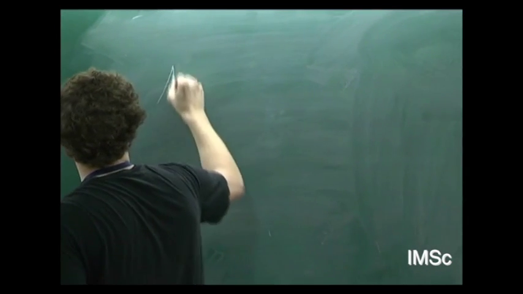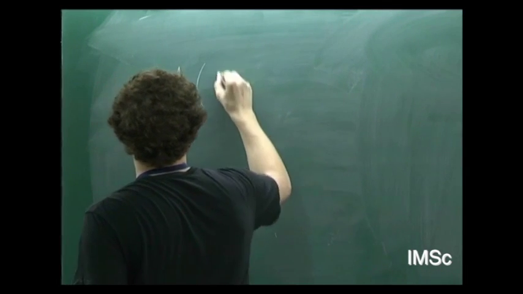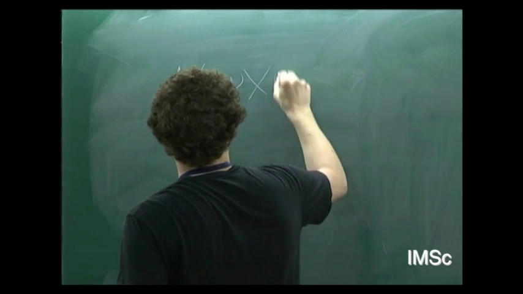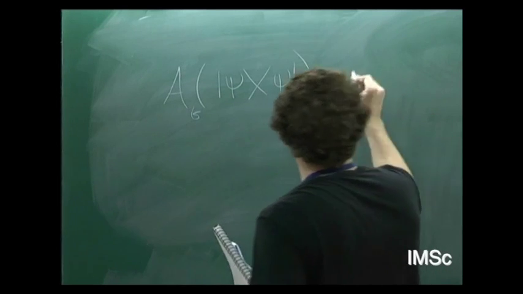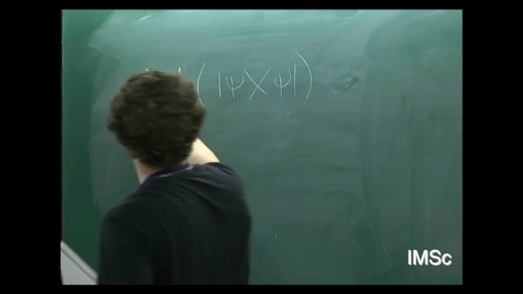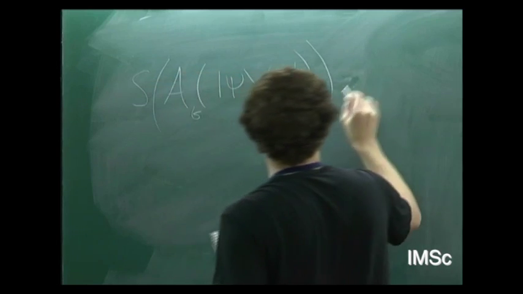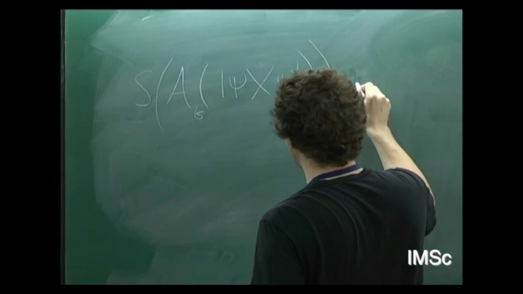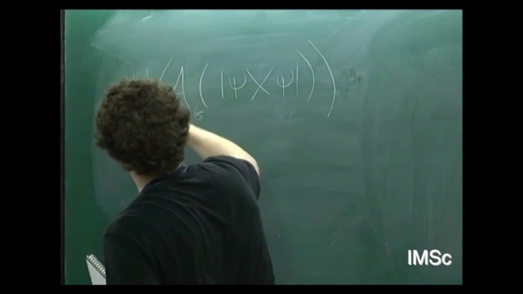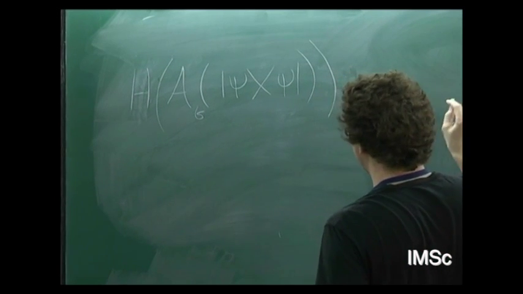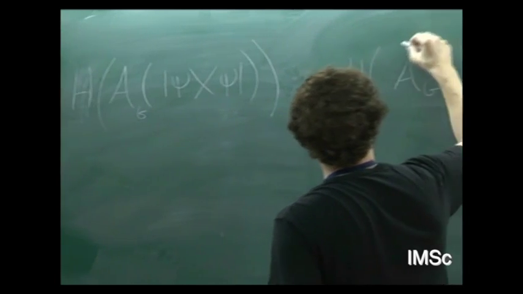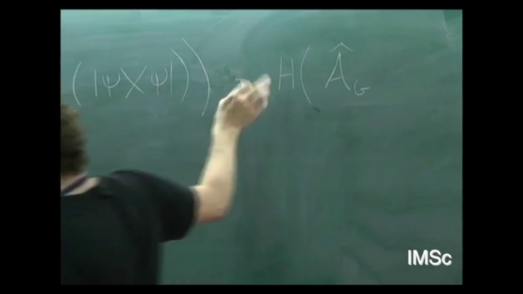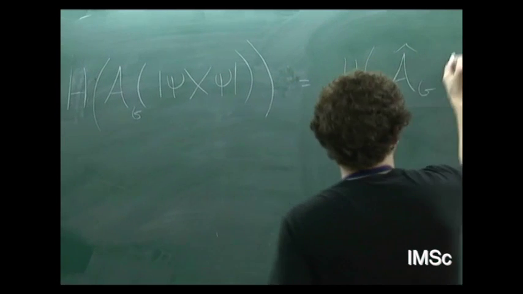So basically now if you take the quantum limited amplifier and apply it to some pure state, psi, this has an entropy at least H. This has an entropy that's equal to the entropy of this complementary channel acting on the same state.